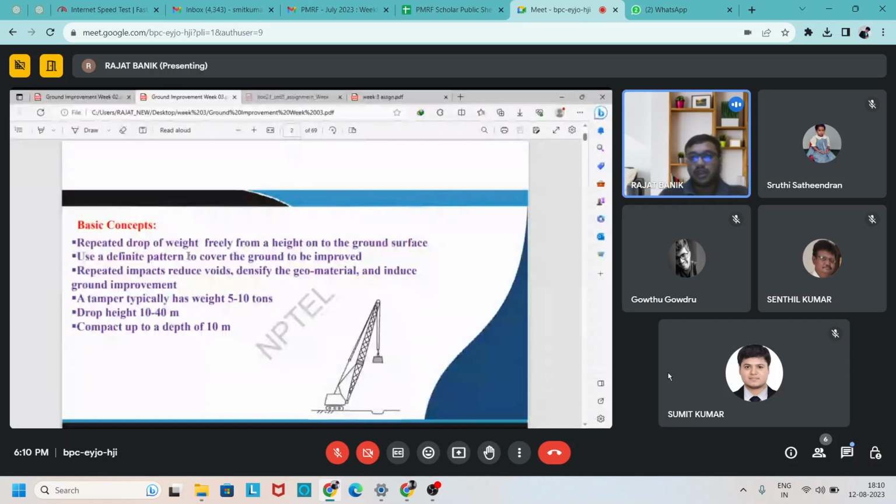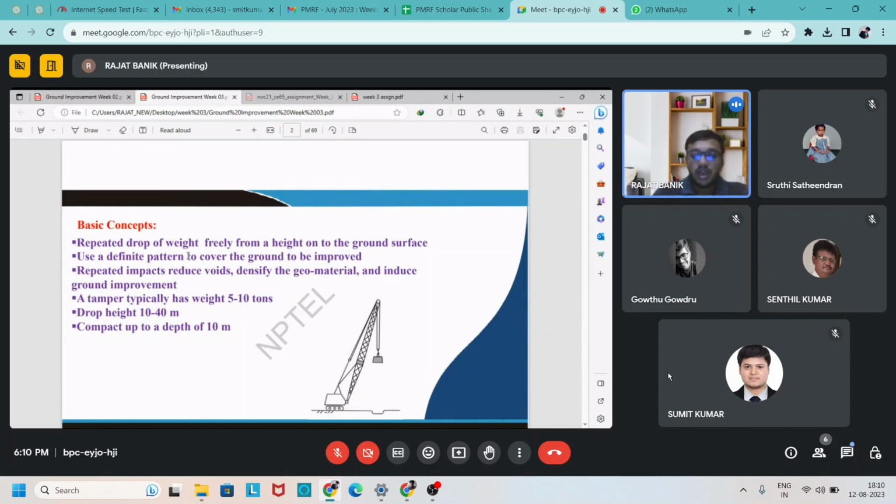When we drop a weight from a certain height, we use the energy, that means potential energy, and by using that energy we can improve our ground.